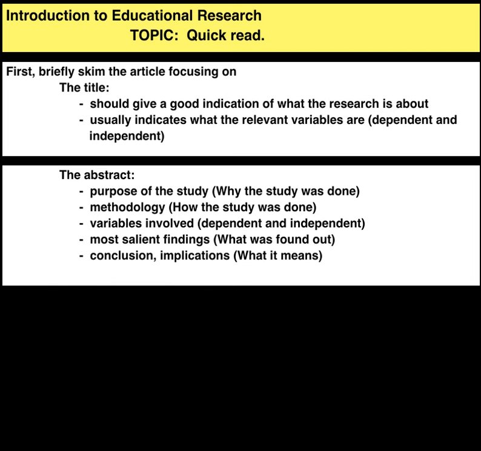It would have the method, or the methodology, how the study was done. It would discuss, or at least indicate, the variables involved, like the independent and dependent variables. It would summarize usually the most salient findings, what was found out, and it might give some implications or some conclusions as to the significance of the research.